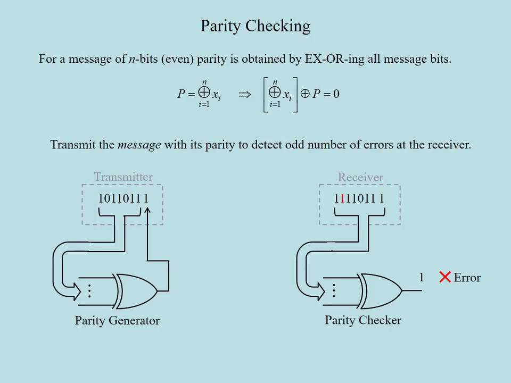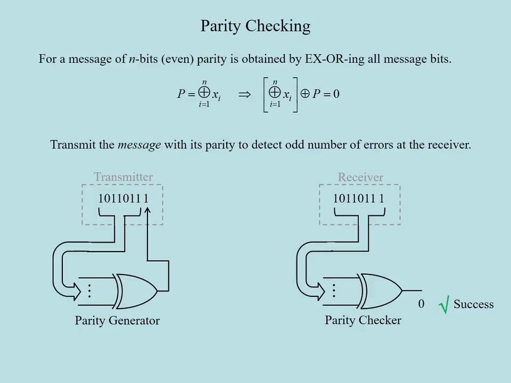A 1 at the output of the parity checker indicates an error in the received message. In this case, the transmitter may be prompted to resend the message. For the correctly received bit sequence, the output at the parity checker is 0. Nevertheless, note that a double error may go undetected by the simple parity check mechanism.